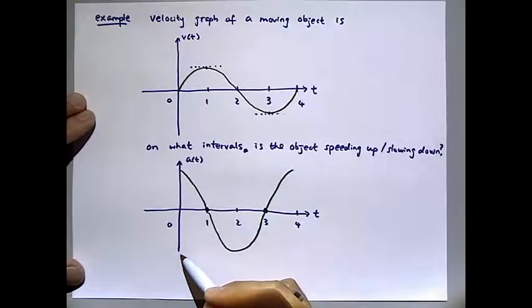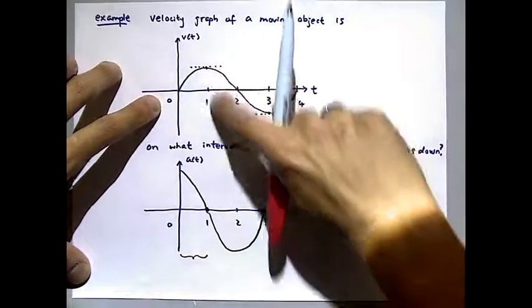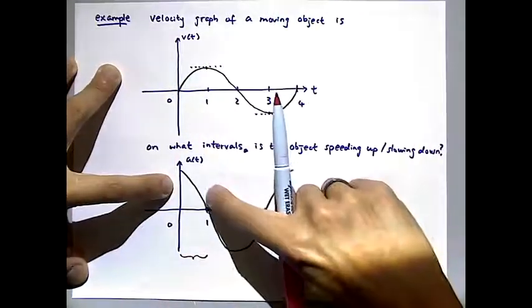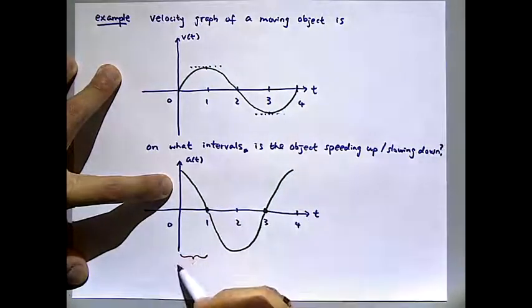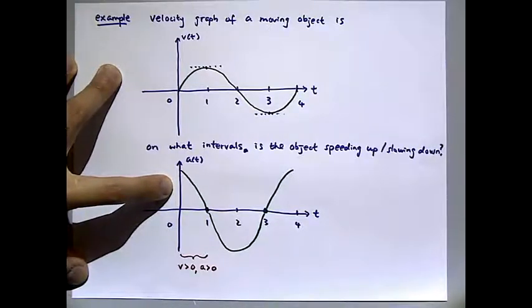Let's look at this first interval right here, between t is equal to 0 and 1, velocity is positive, acceleration is positive. Same sign, right? So this thing will be speeding up during that part of the motion.